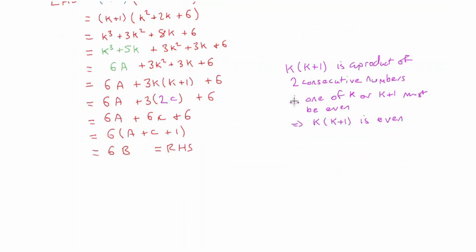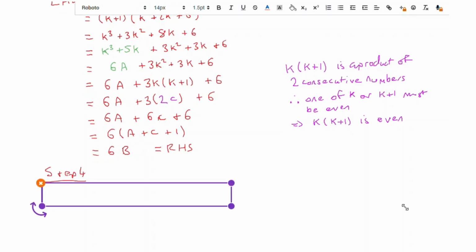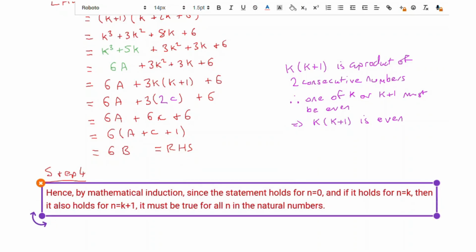Finally, we finish the proof with step 4. Our conclusion. As always, our conclusion says pretty much exactly the same thing, which is because we're using mathematical induction, the statement holds for n equals 0, and if it holds for n equals k, it's also true for n equals k plus 1, so it is true for all natural numbers.